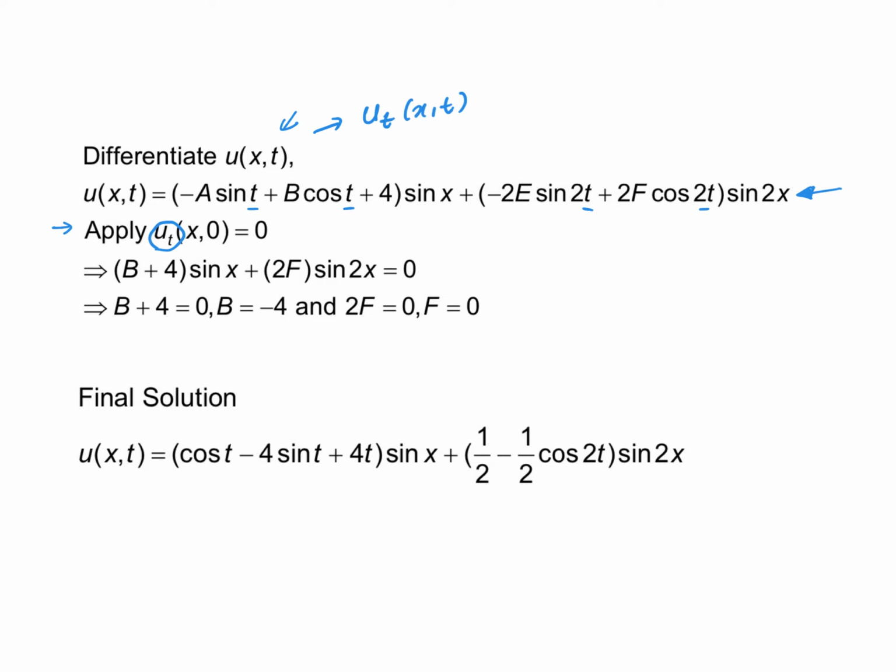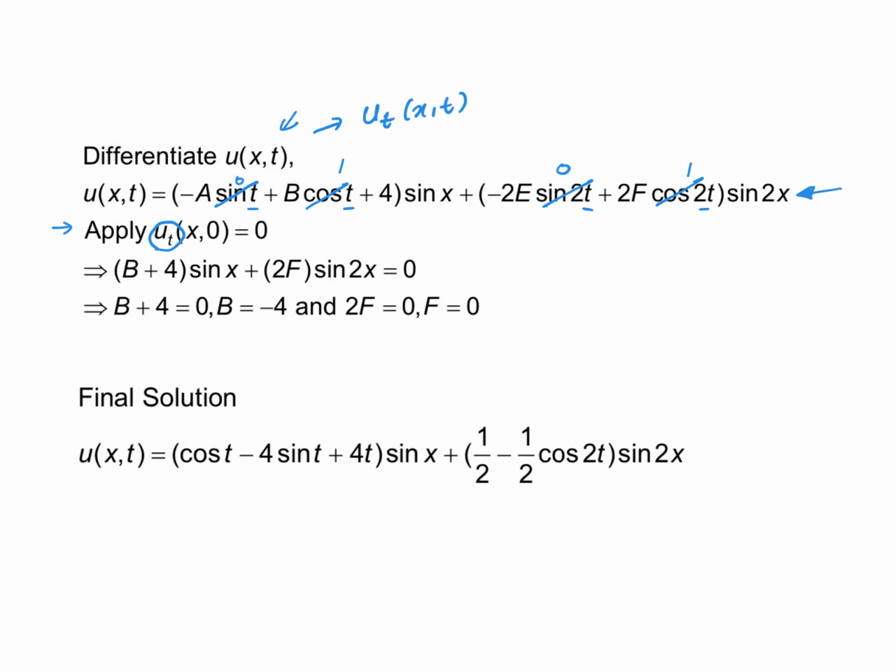So when we substitute, sin 0 will be equal to 0, cos 0 will be 1, sin 0 will be 0, and then cos 0 will be 1. Then just write back, we will be left with (B plus 4) sin x plus 2F sin 2x equal to 0.